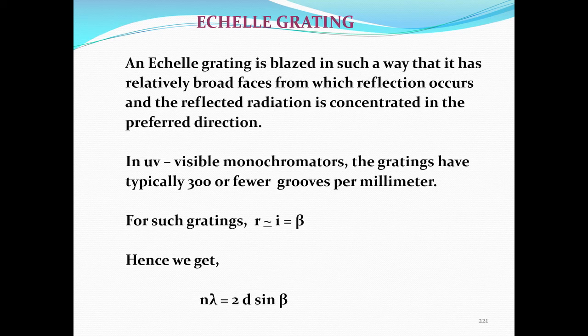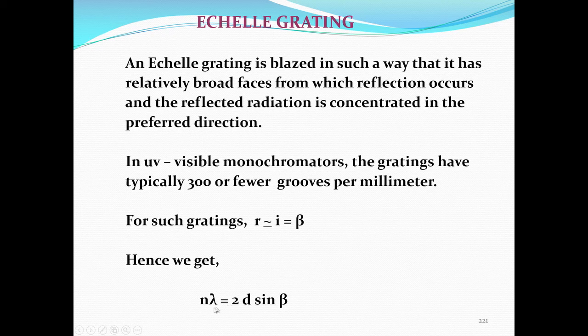In UV visible monochromators, the grating usually has about 300 or fewer grooves, maybe 75 grooves, 100 grooves, instead of 1200, 1800 grooves in normal blazed holographic gratings for a spectrophotometer. For such gratings, the angle of reflection and angle of incidence are the same, fixed.